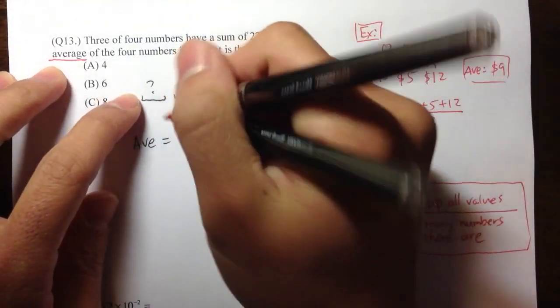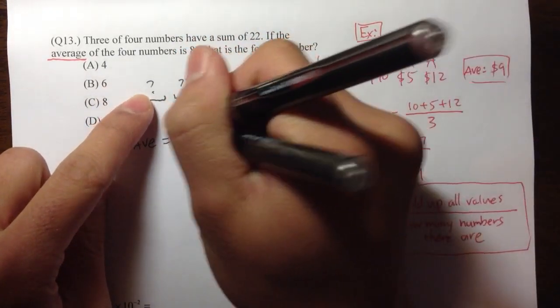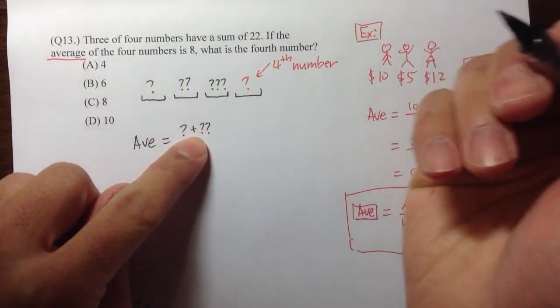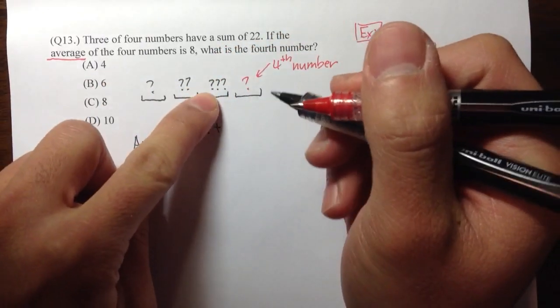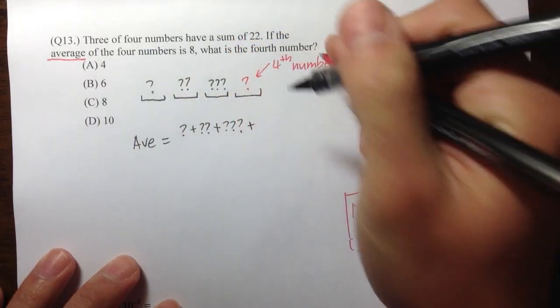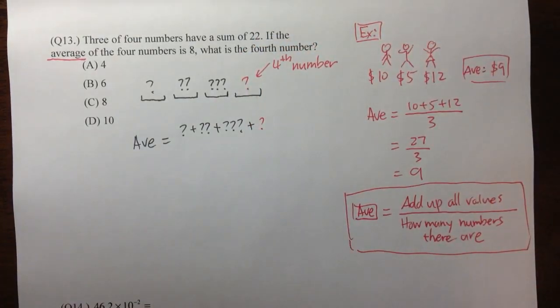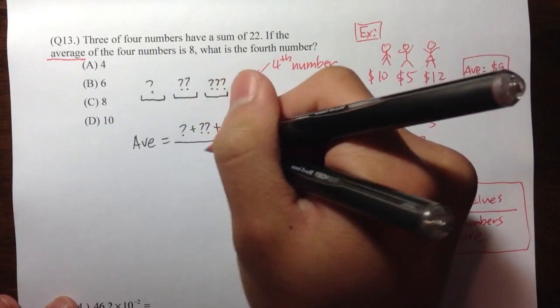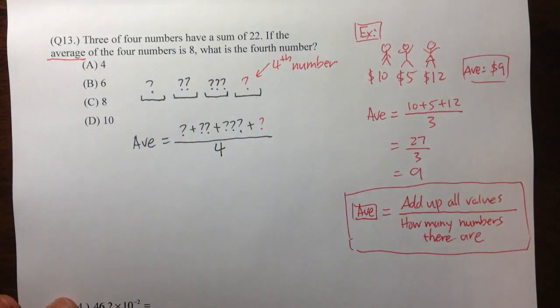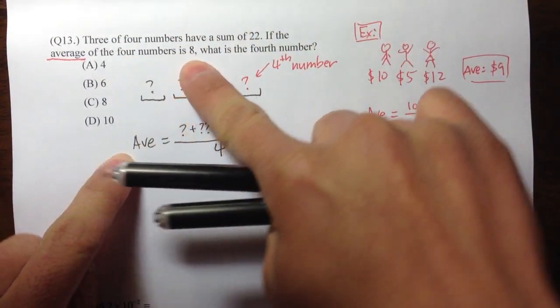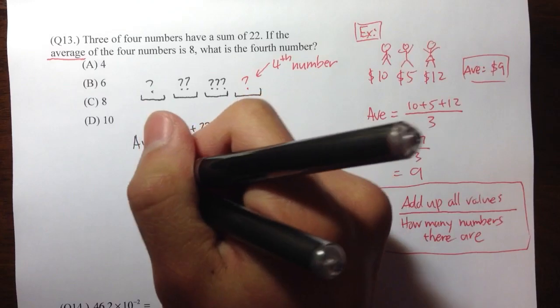So I write the first question mark plus a double question mark for the second number, because I don't know what it is, plus a triple question mark, and then plus the 4th number, which is my red question mark. All this is divided by 4 because there are 4 numbers. We know the average of the four numbers is equal to 8.